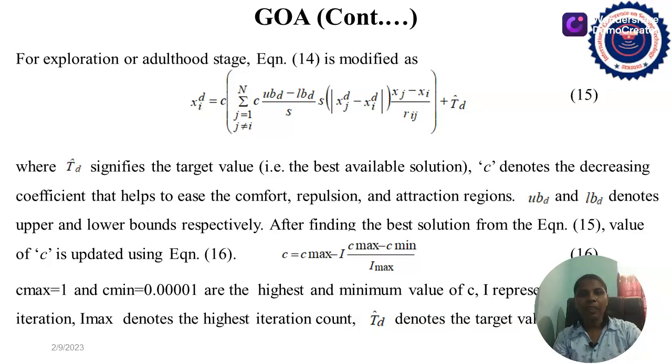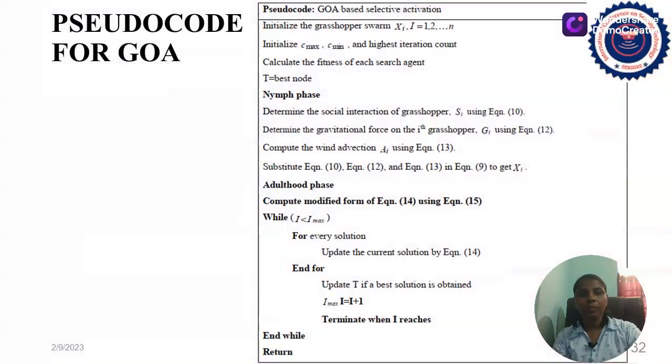And then next, this is the algorithm, see the code, how it is defined. So initializing the swarm, then Cmax and Cmin are also initialized, and the iteration count. First of all, fitness evaluation. Then there are two phases, the nymph phase and the adulthood phase.